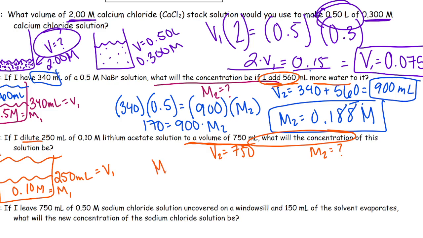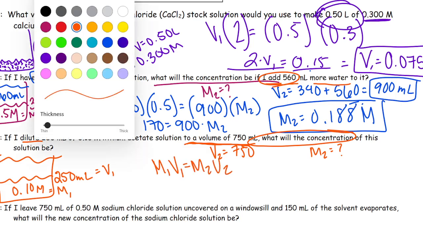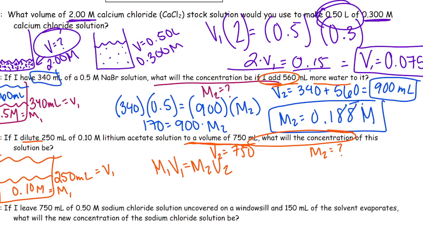So we're still using our equation of M1V1 equals M2V2. I'm going to change my color. My M1 is 0.1 or 0.10. My V1 is 250. That's equal to my M2, which I don't know, times my V2 of 750.